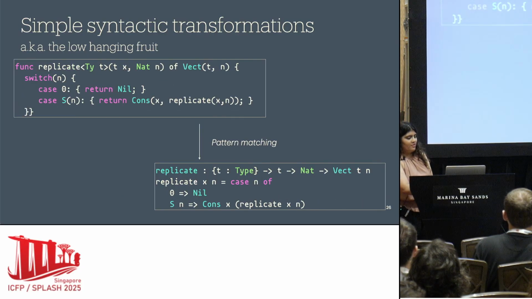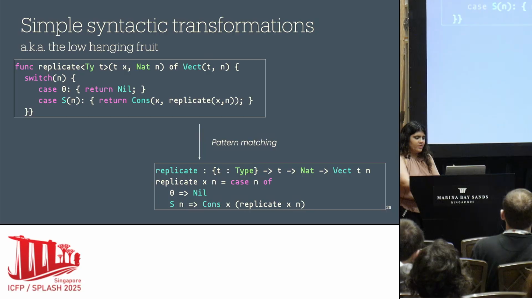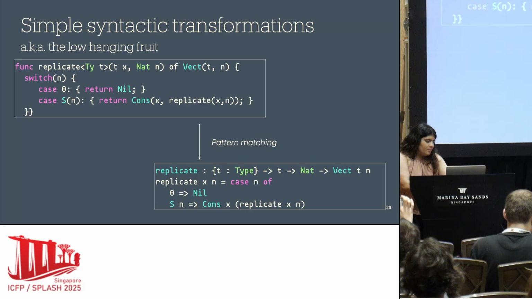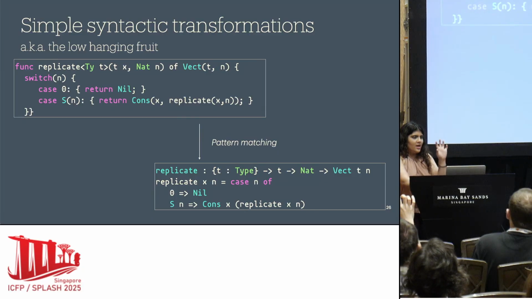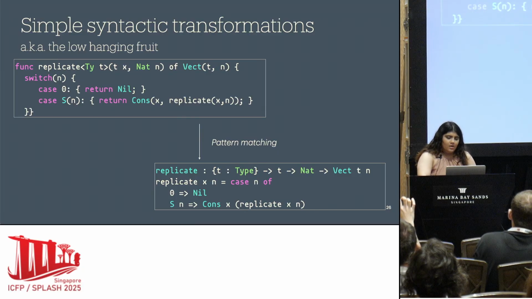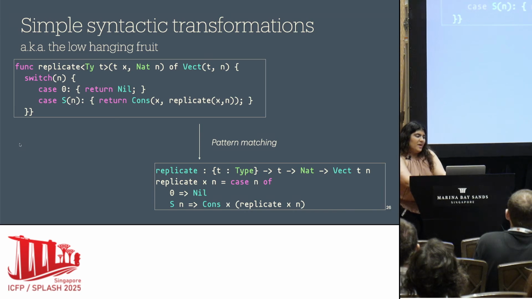And then you have functions and pattern matching, which, by the way, switch cases, I know a lot of imperative programmers don't like them, but they are basically pattern matching and the best way to do so. But we'll see another way to do pattern matching later. But this is what pattern matching looks like.